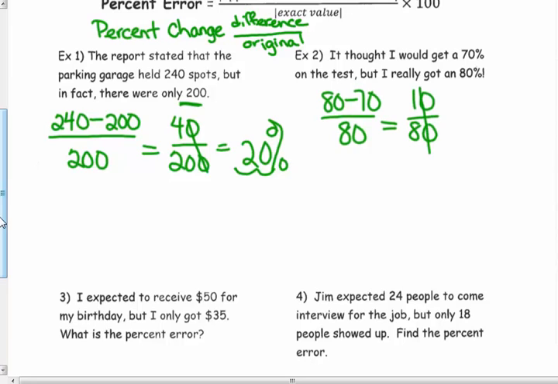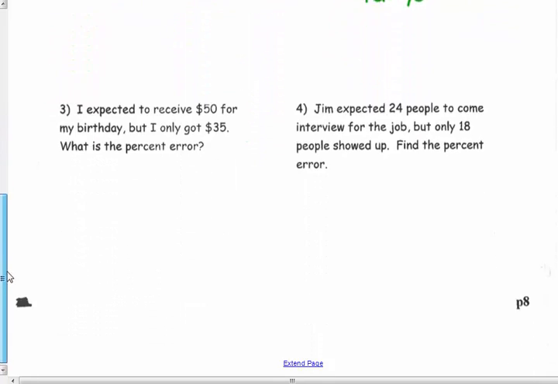Well, that's just 1/8. 1 divided by 8 on a calculator gives me the decimal 0.125. F to D to P. Divide, slide it over 2. You get 12.5% was the error. You did 12.5% better than you thought you were going to do.